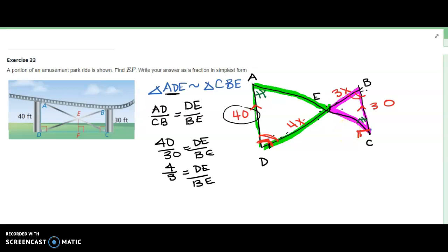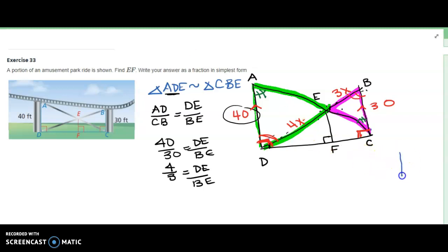Okay, now I'm going to go back and I'm going to draw the ground here, and I'm going to draw my EF. Okay, and I'm not going to look at the triangles I just drew anymore.